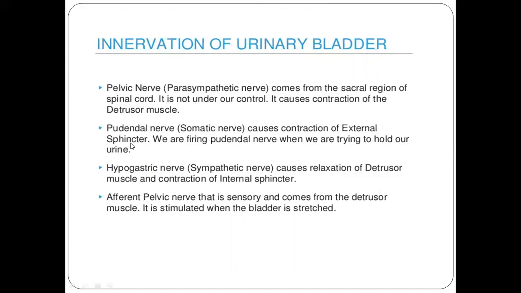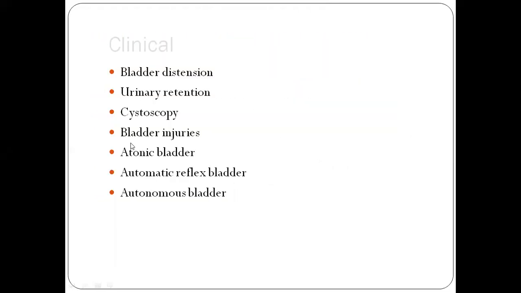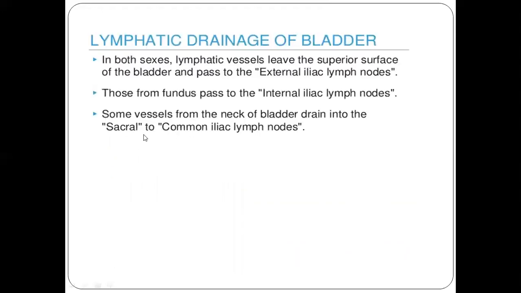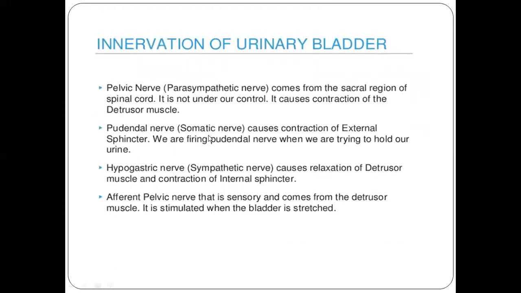It actually depends whether the condition is favorable or unfavorable. If the condition is favorable, the pelvic splanchnic nerves from S2, S3, S4 cause contraction of the urinary bladder and relax the sphincter vesicae, and the pudendal nerve relaxes the external urethral sphincter.